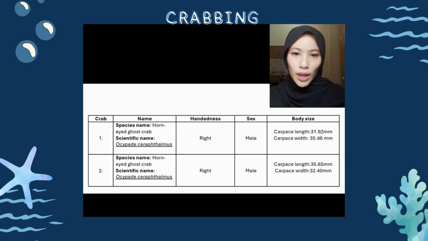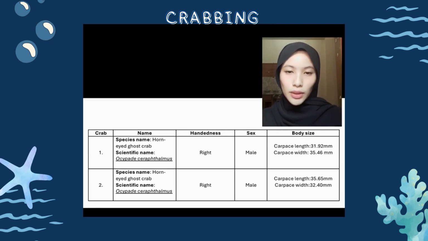For both crabs, their sex is male, and for body size, the carapace length for the first crab is 31.92 mm, and the carapace width is 35.46 mm. For the second crab, the carapace length is 35.65 mm, and the carapace width is 32.40 mm.